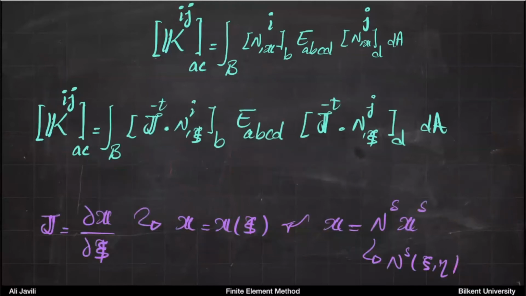And if you play that game, then each of these derivatives with respect to x can be written in terms of derivatives with respect to xi, but then you would have this map between the derivatives, and that would be J inverse transpose, where J is your Jacobian matrix.